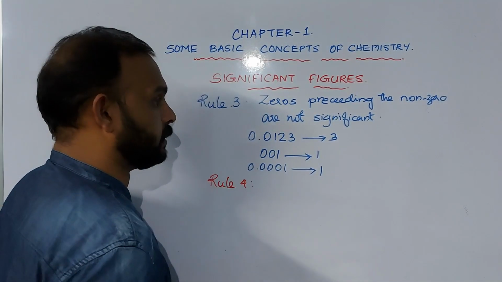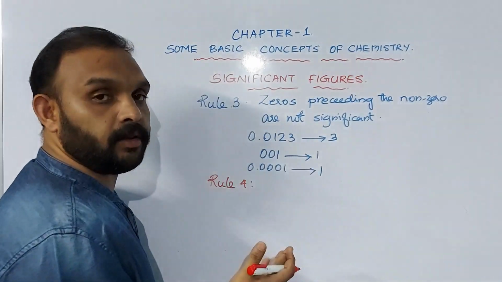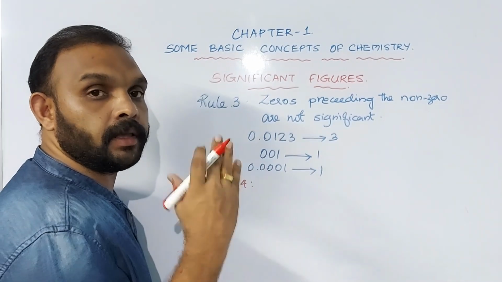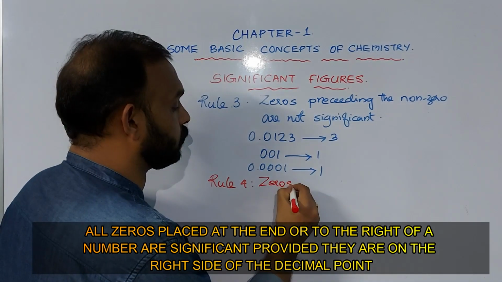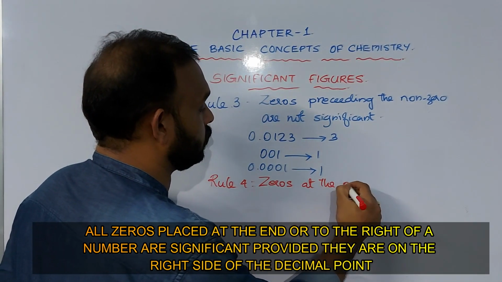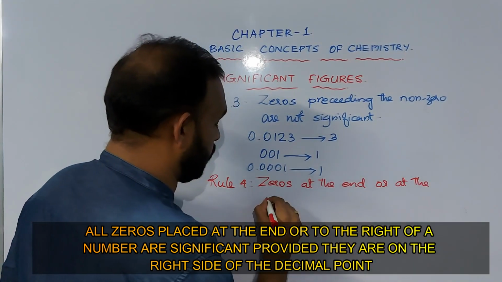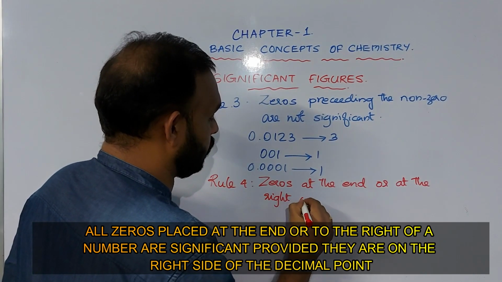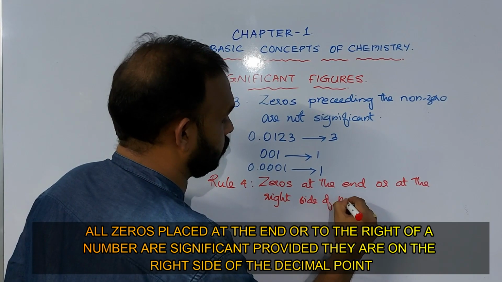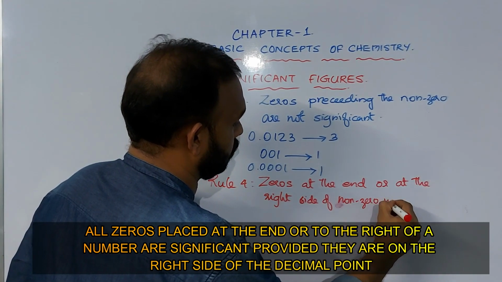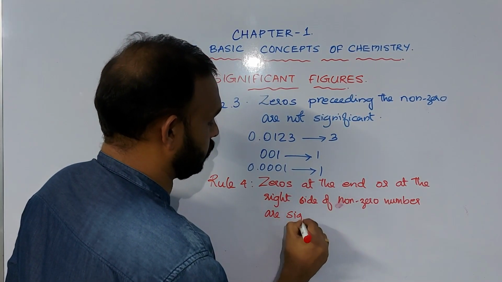The fourth rule is that zeros at the end, or at the right side of a non-zero number, are significant.